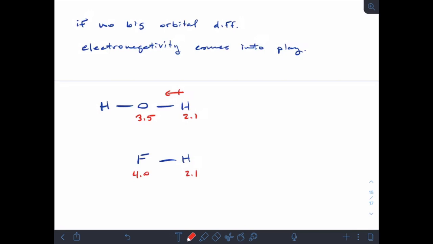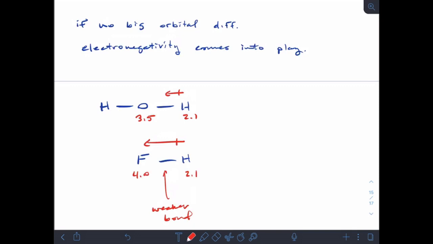This is almost an ionic bond. So we have a much greater pull away from the hydrogen. Fluorine is hoarding all of the electrons. That makes this a weaker bond than it is in water.